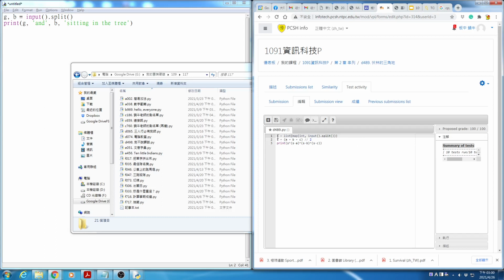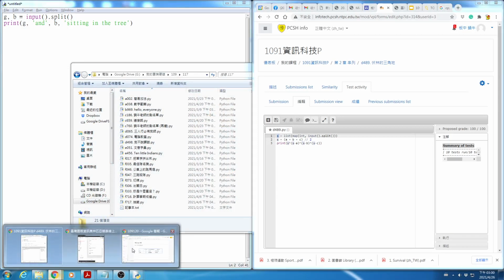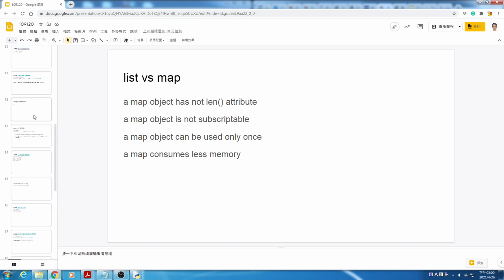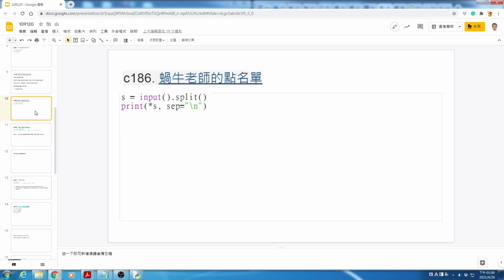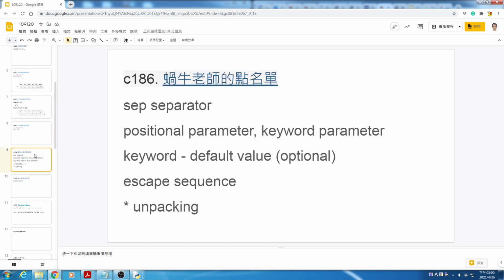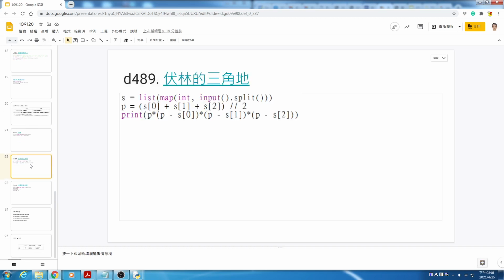I forgot what that is. Oh, this one here.